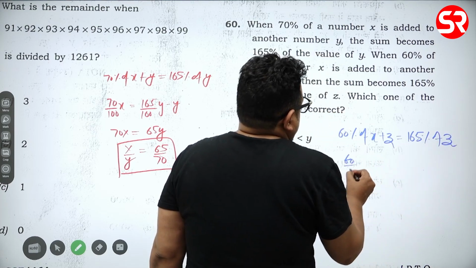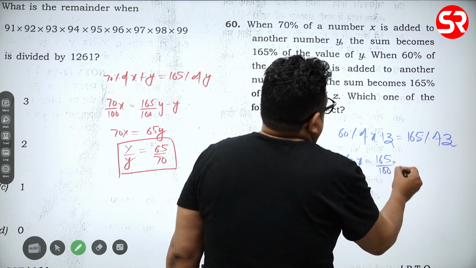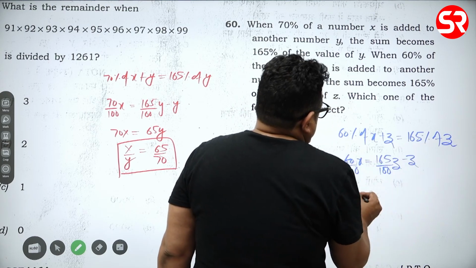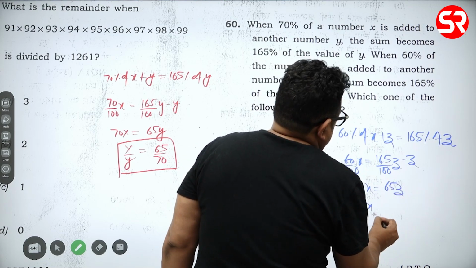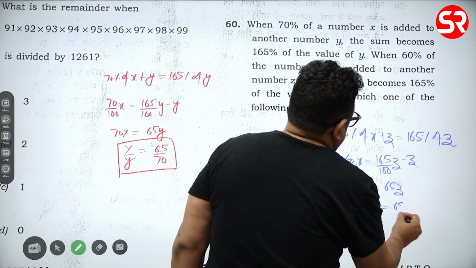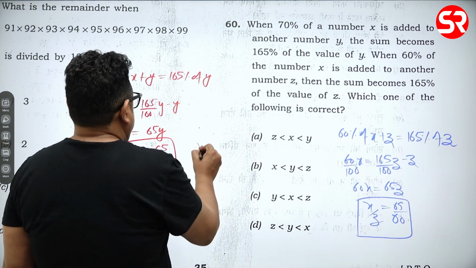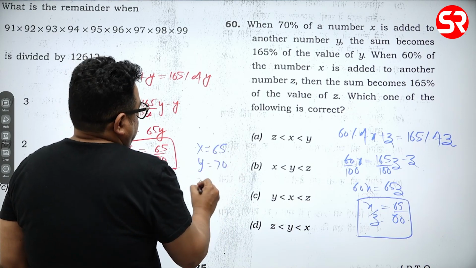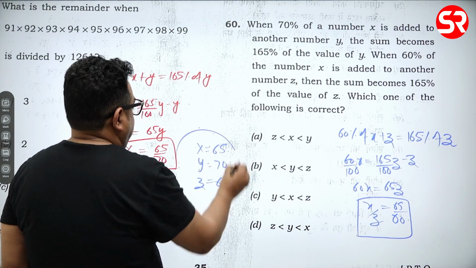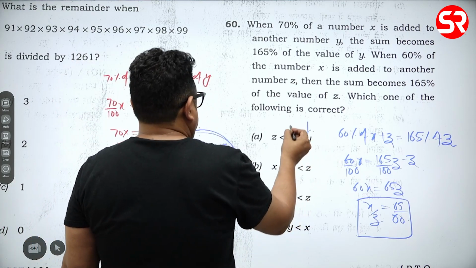Definitely 60 upon 100 times x is equal to 165 upon 100 times z minus z, which means 60x is equal to 65z, which means x upon z is equal to 65 by 60. Which gives you x is equal to 65, y is equal to 70, z is equal to 60. Compare it. The greatest is y, then comes x.